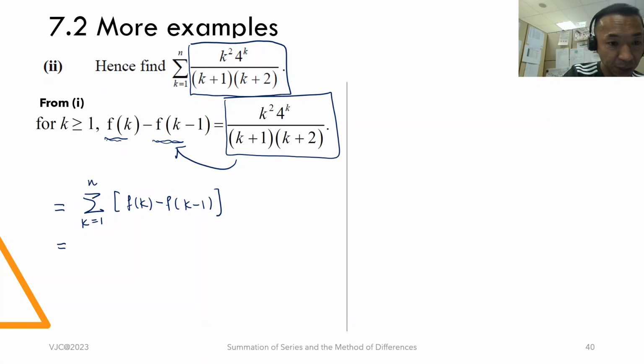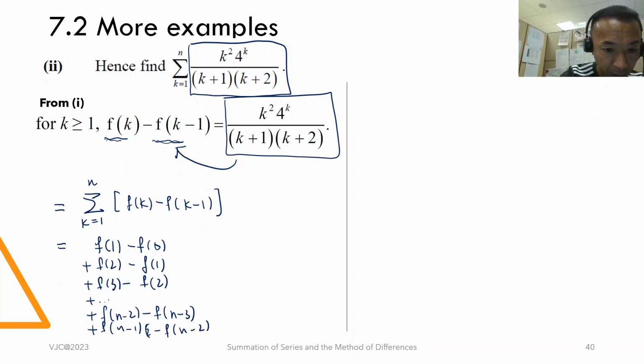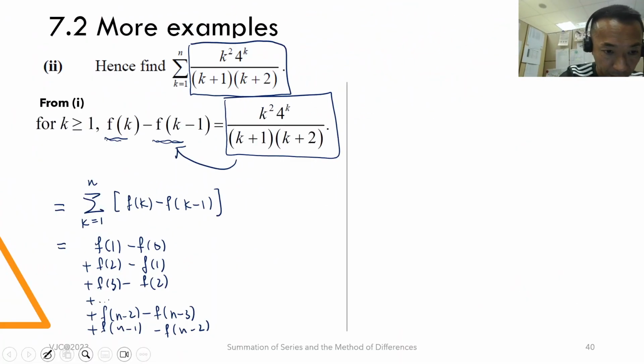from experience, therefore this is f(1) minus f(0) plus f(2) minus f(1) plus f(3) minus f(2), and then your last terms, f(n-2) minus f(n-3) plus f(n-1) minus f(n-2) plus f(n) minus f(n-1).